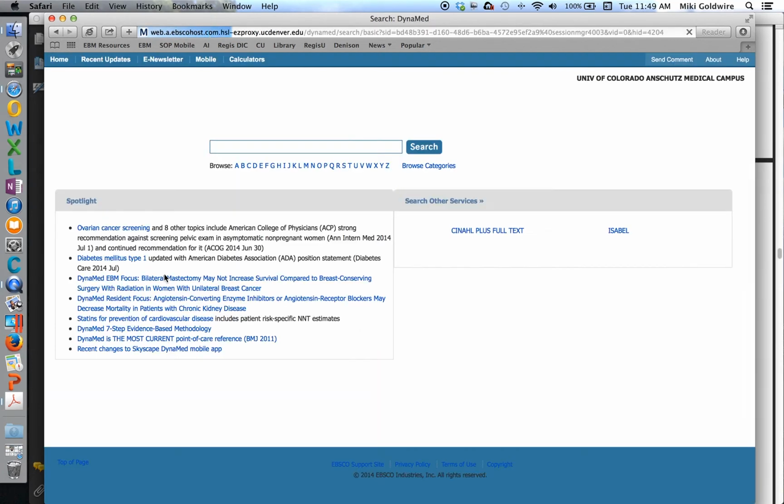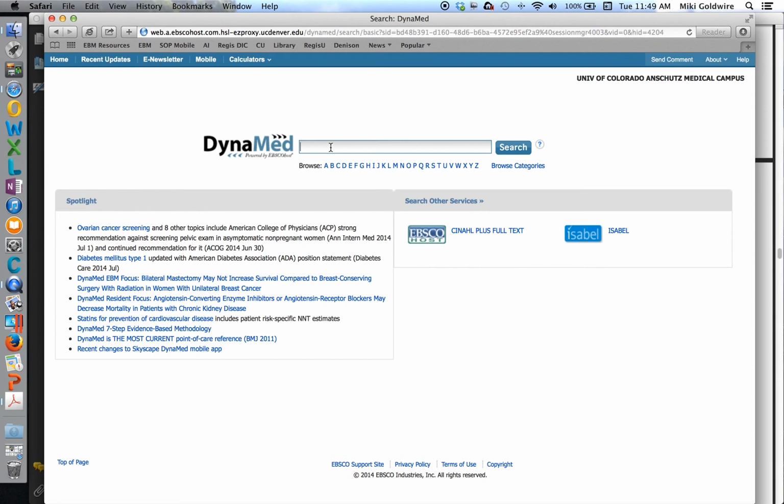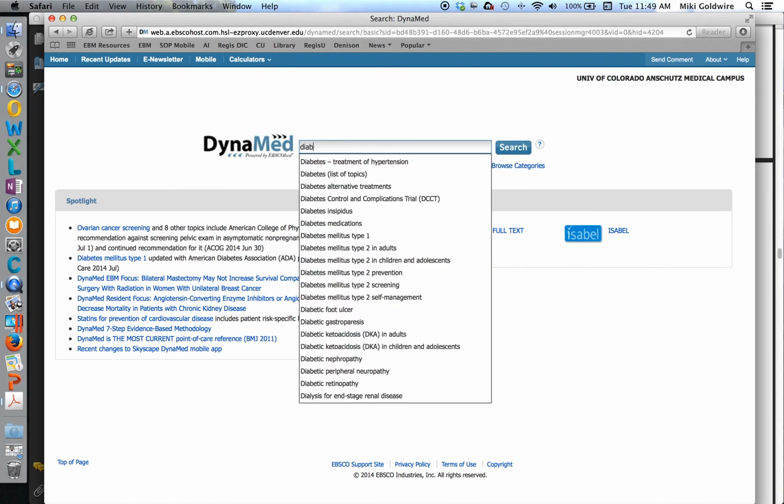I do like the guideline recommendation because every disease monograph is going to have a header for guidelines. So let's just put in diabetes.